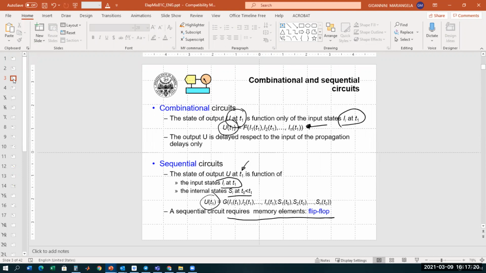In lesson B2, this is the topic of lesson B2, we will see that this memory element is the flip-flop. In this lesson, we focus, on the contrary, on this first part here. And we ask, using just the two very simple ingredients, PMOS and NMOS transistors, how shall we realize generic combinational logic functions?